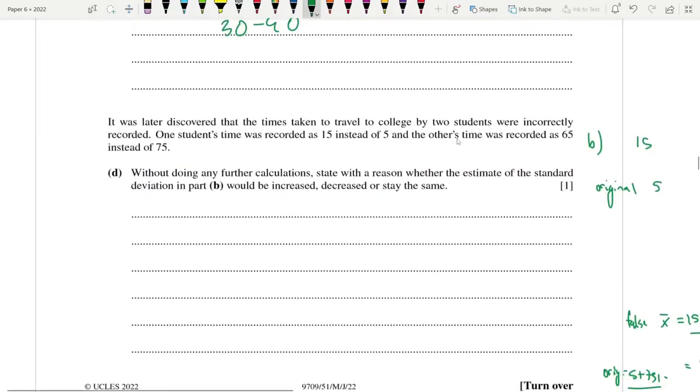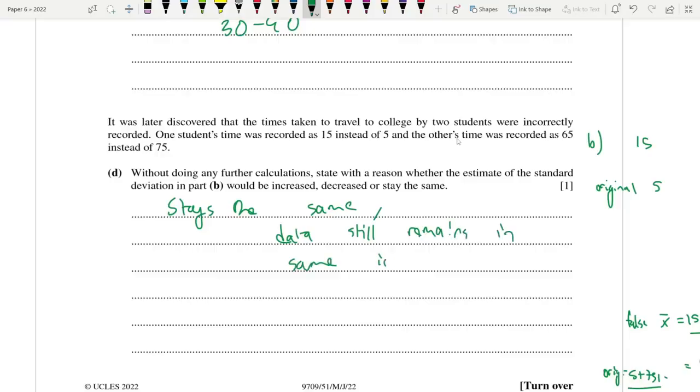So we're going to say that it stays the same. Why? Because the data still remains in the same classes or intervals, and the consequence is that the frequencies are unchanged. That's that.